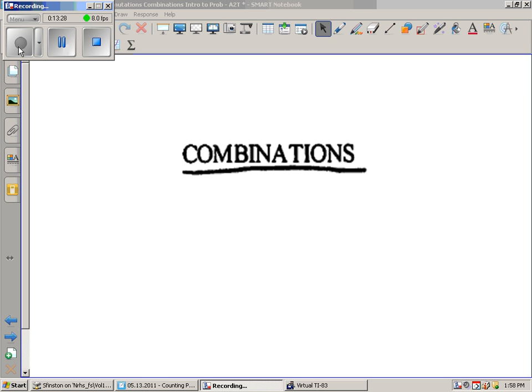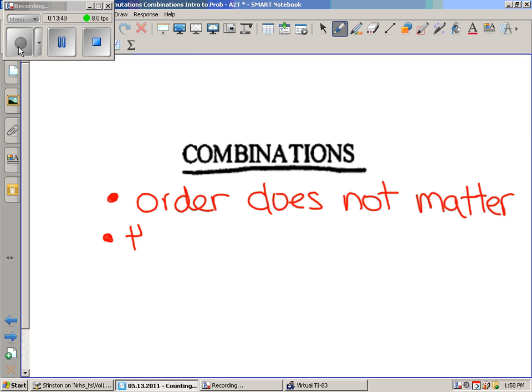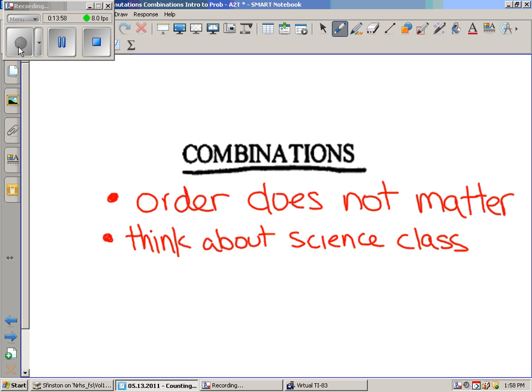Guys, finally, combinations. You know what you have to remember about combinations? Order does not matter at all. The way I always think of these questions, like how do you know if it's a combination question? I say to myself, think about science class.